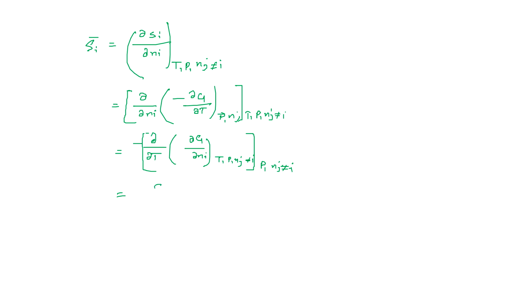So overall, what will come is d mu i by dT, minus, at constant P, Nj not equal to i, right?